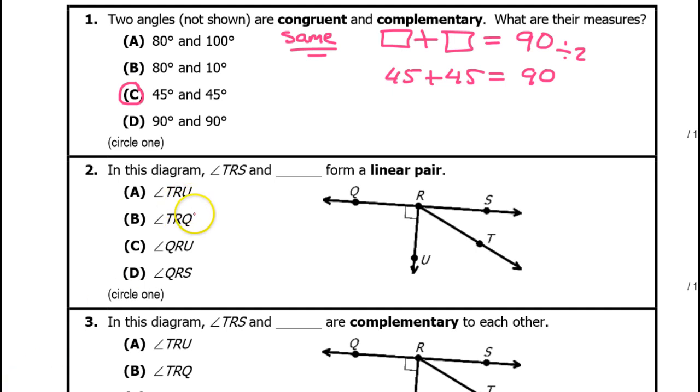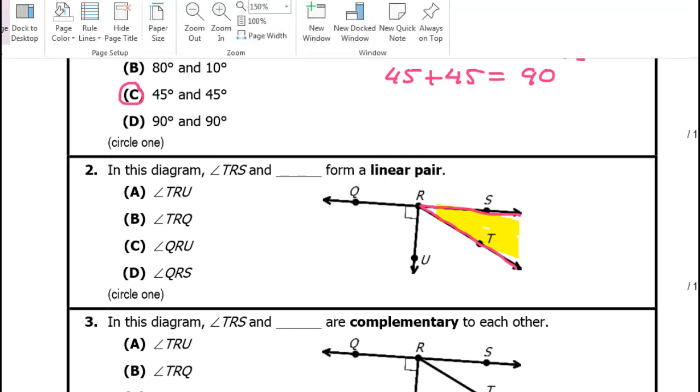Alright, in problem number 2, angle TRS and what form a linear pair? So first of all, angle TRS is this angle right here, TRS. And maybe I'll just color it in a little bit just to make it more obvious what we're talking about. So this is angle TRS. So we need to make a linear pair, so that's going to be a straight line.